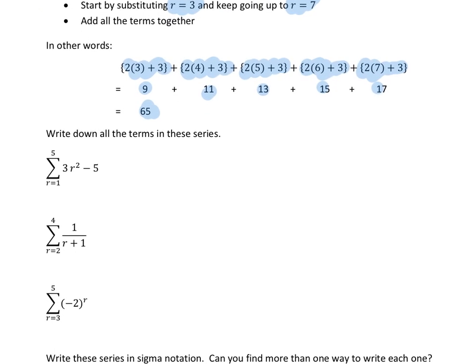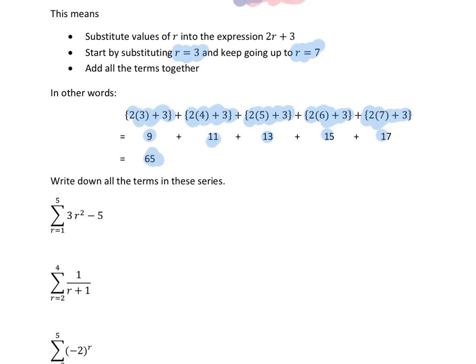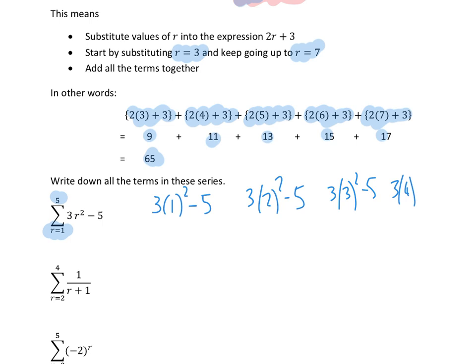Okay, now let's have a go at seeing if we can do the same thing. So write down all the terms in the series. So the first one, again, we're using the letter r, and we're starting from 1 and we're going up to 5. So I'm going to sub in 1 for r, sub in 2 for r, sub in 3 for r, sub in 4 for r, and sub in 5 for r.